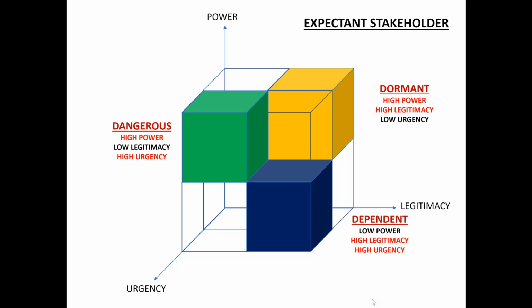So even if he does not have much of legitimacy or no legitimacy at all, he may push through his agenda. So this stakeholder is extremely dangerous. So this classification is called expectant stakeholders, where we overlap two of the three variables: dormant, dependent, and dangerous.